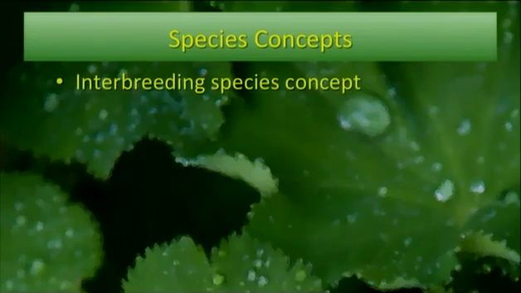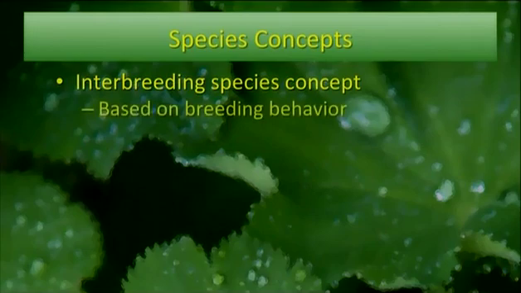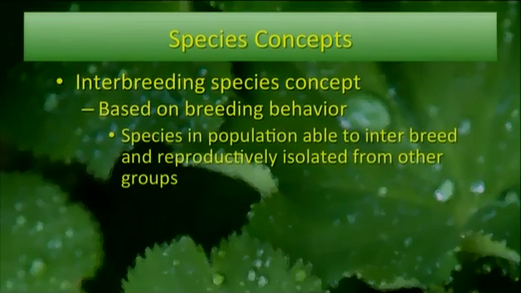Then you have the interbreeding species concept, which is based on breeding behavior, where a species in a population is able to interbreed and is reproductively isolated from other groups. It has to do with mating behavior.